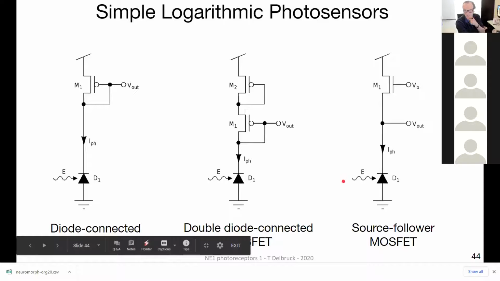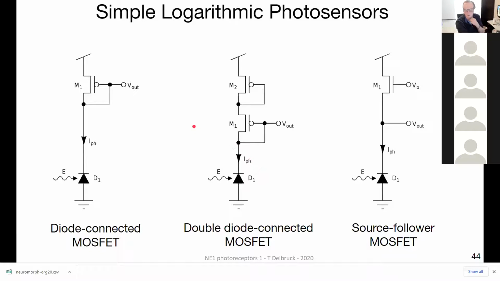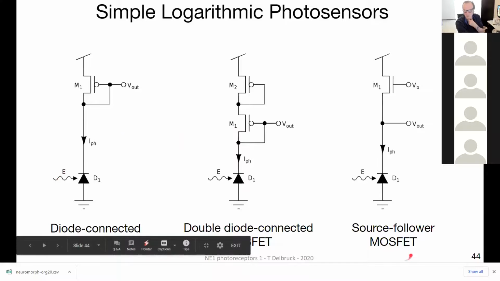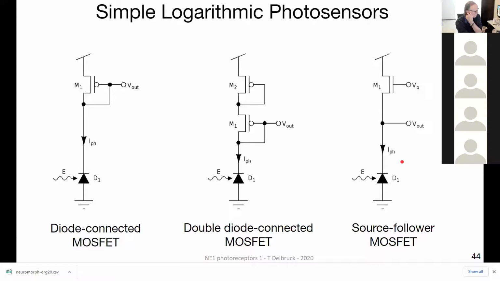But you could imagine other arrangements that are very similar to that. You can just put a diode connected transistor up here. It's very similar to this source follower thing. Now you just have a diode connected PFET, or you could stack up 2 diode connected PFETs. These are all passive, simple logarithmic photoreceptors that have the disadvantage that the output impedance changes with the light intensity and they're kind of slow and all that.